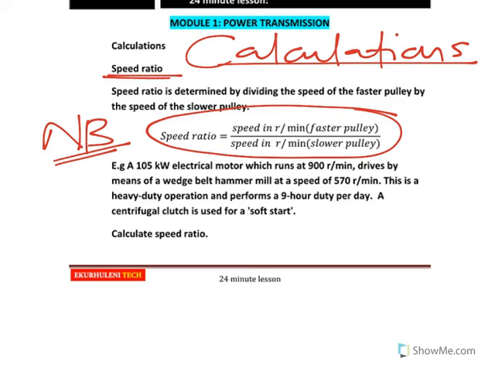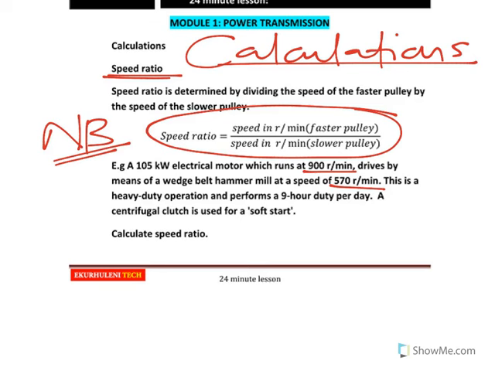For example, it says a 105 kilowatt electrical motor runs at 900 RPM, drives by means of a wedge belt a hammer mill at a speed of 570 RPM. Before you consider reading everything, the most important things are those that I've underlined. Look, the first one is 900 rotation per minute and the other one is 570 rotation per minute.